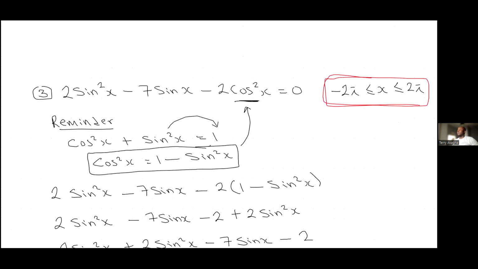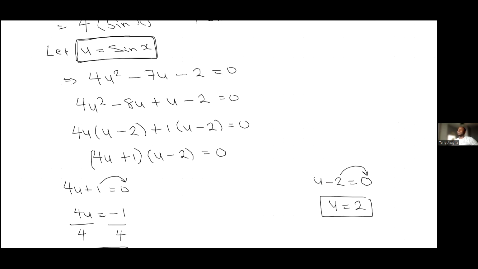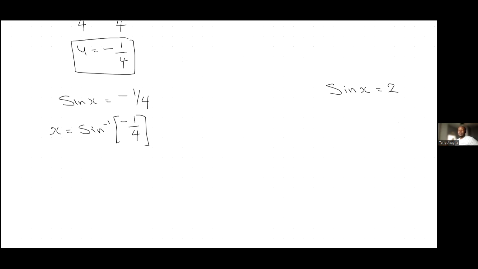So that means you have to go to your calculator and set the calculator to radians to solve. So when you convert it to radians, the sine inverse of minus 1/4, x is going to be equal to minus 0.25.